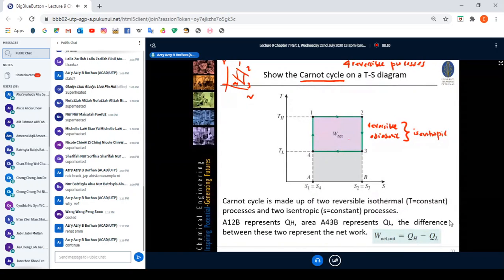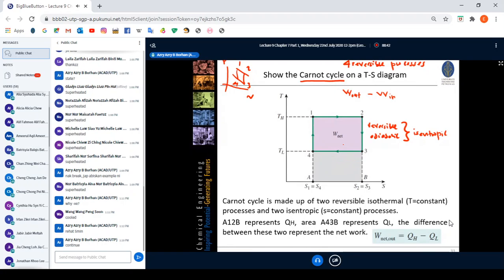So here we can say that the area under A, 1, 2, and B represents the W out during the expansion of the Carnot cycle, whereas the area under A, 4, 3, and B represents the work required during the reversible compression.